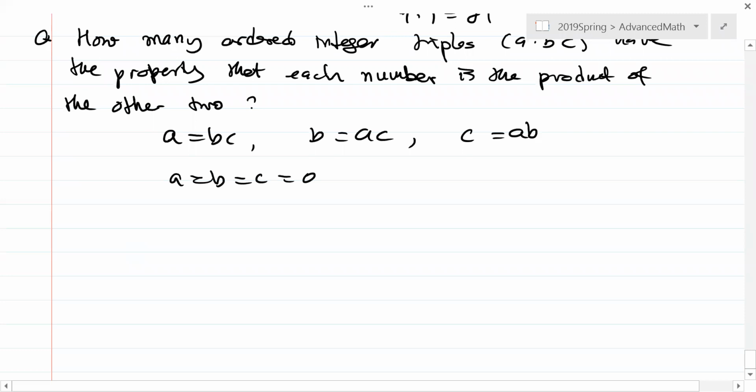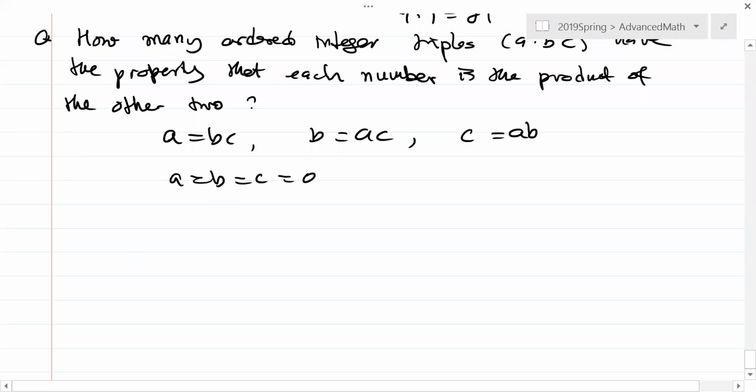Let's look at the possible values for A, B and C. You can multiply them out, right? Then A times B times C is going to be, if one of them is 0, then the rest of them are 0.